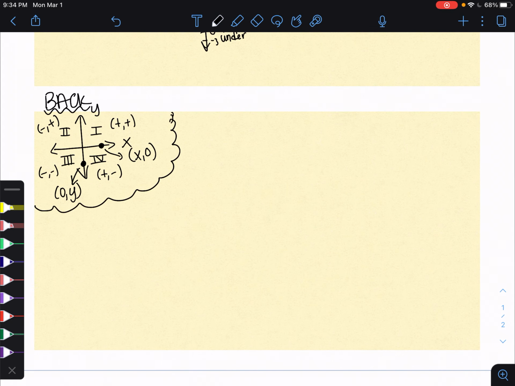Next is reflections. So if I reflect across the x-axis, x stays the same.